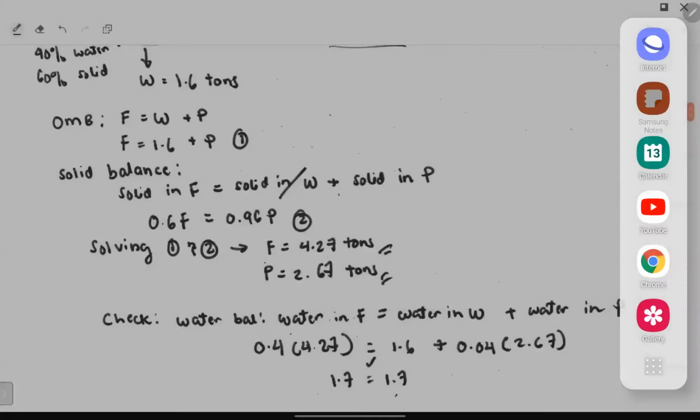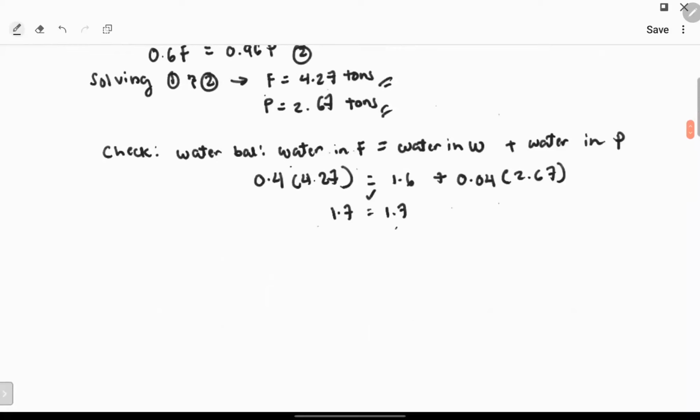So what should be our final answer? Ang hinahanap sa ating problem is yung F tsaka si P. And ito na yun, right? These two values that we obtained. So F is 4.27 tons. Pero since nag-basis tayo ng 1 hour operation, you can put here per hour. And P is 2.67 tons per hour.